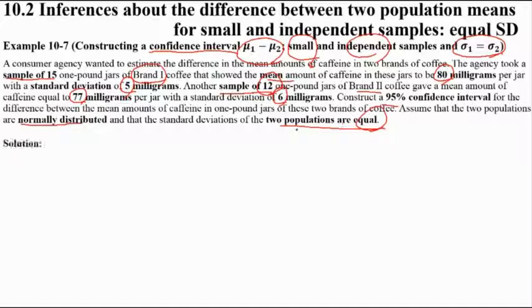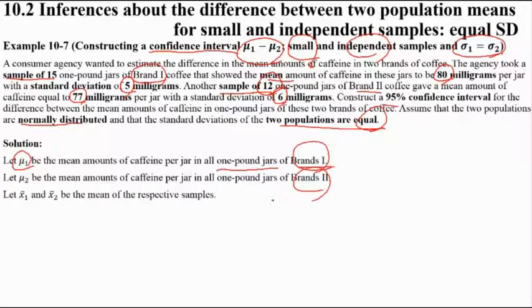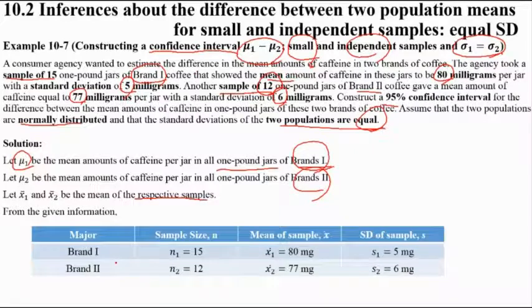So how can we approach this? First of all, we should decide what mu1 is. Mu1 is brand 1, the mean amount of caffeine per jar for brand 1. The mu2 is brand 2. And x1 bar, x2 bar are the sample means. Getting the information together, we have brand 1 and brand 2, each with sample size, sample mean, and sample standard deviation.